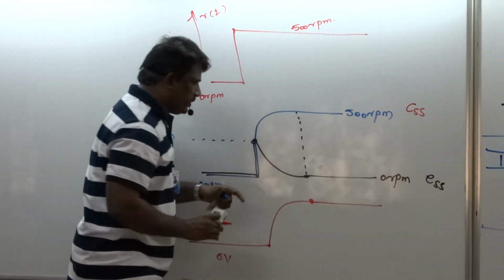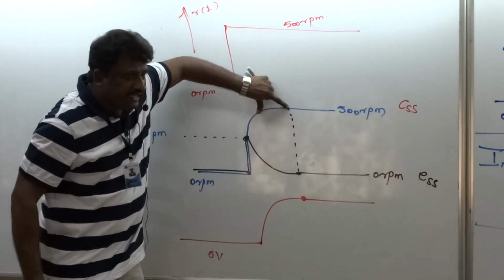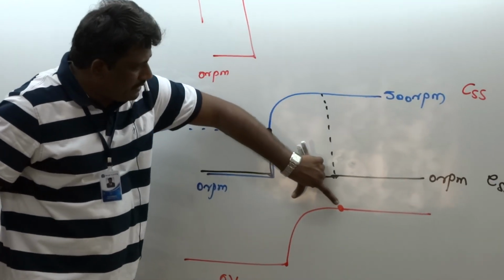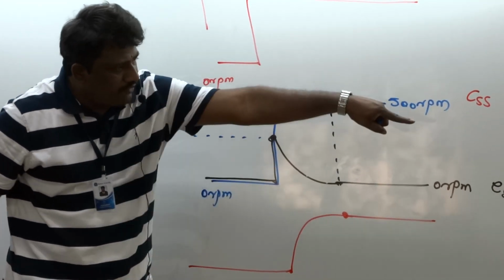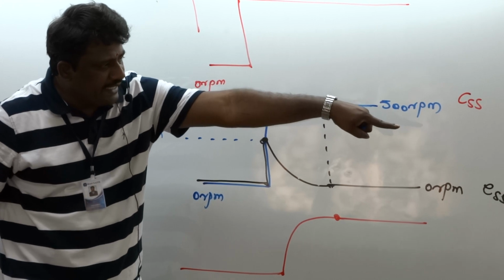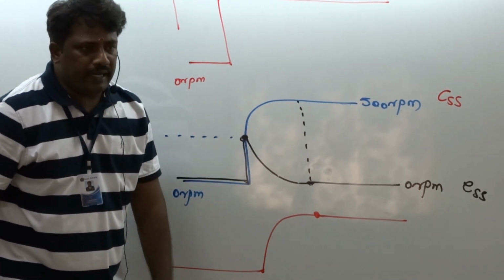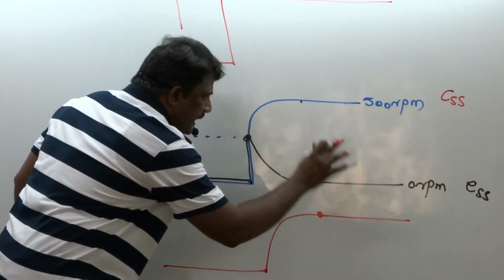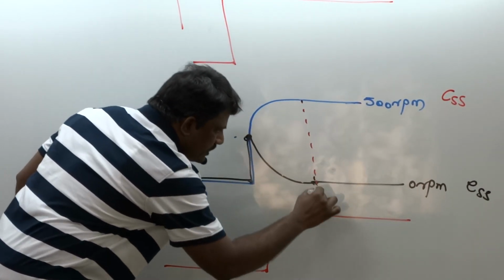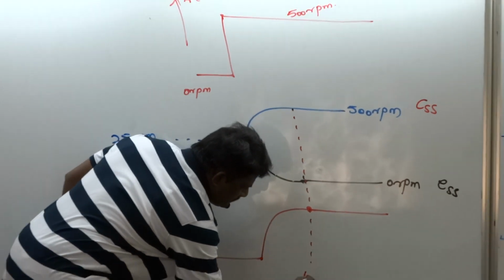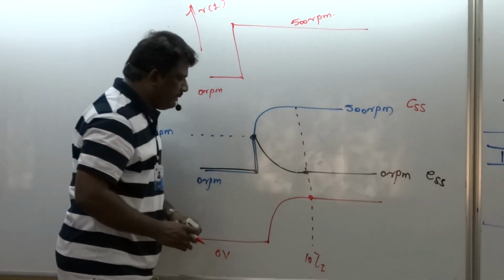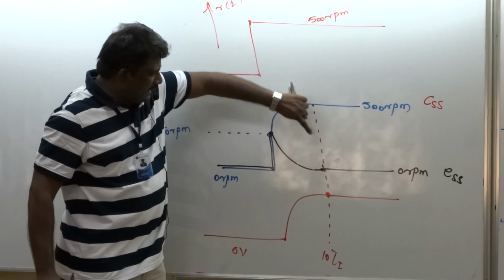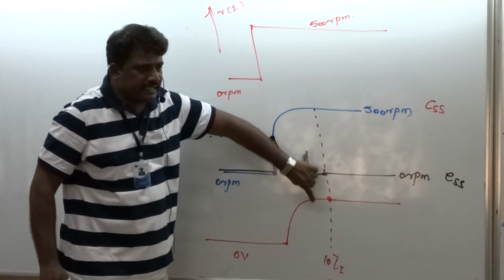By the time the error reaches 0, by the time your C of t reaches 500 rpm, at the same time MI of t reaches steady state. What time is it? Steady state at t equal to 10 times tau I, where you get e power minus 10. Okay, so all have the same time events: 10 times tau I. C reaches steady state, error reaches steady state, even MI reaches steady state.